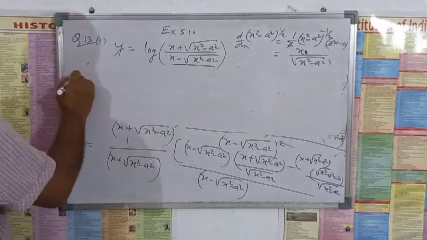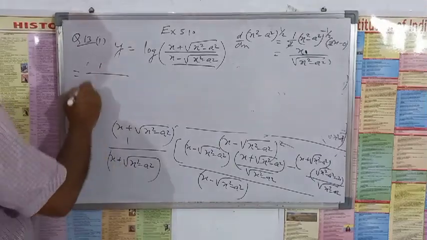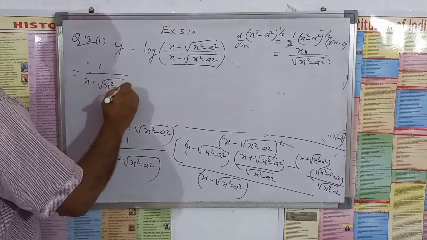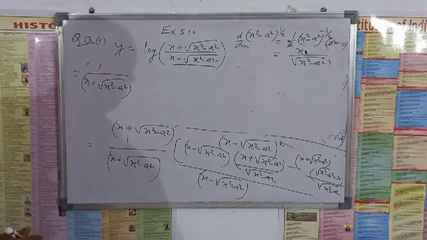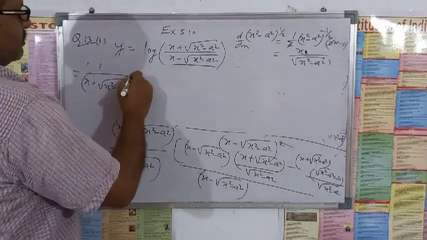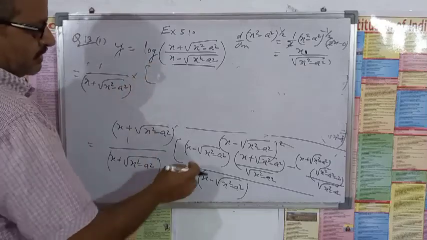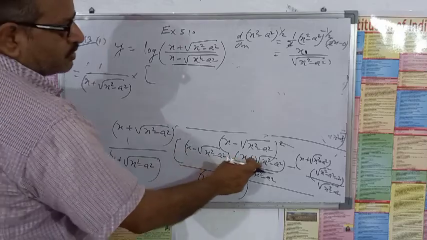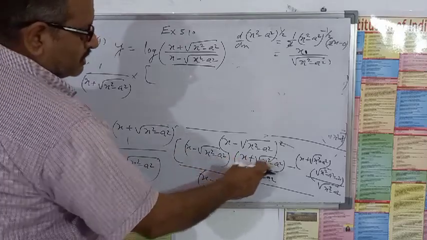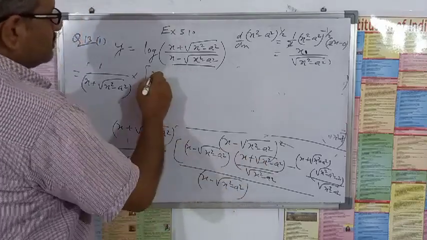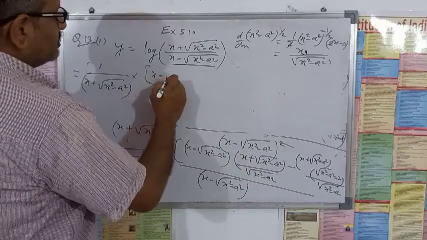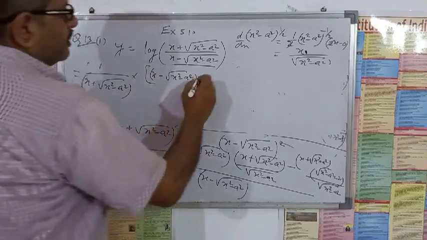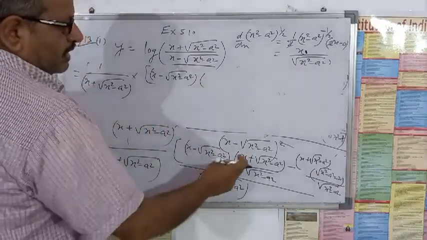So let us simplify 1 upon x plus root x square minus a square into, in bracket, x minus root x square minus a square into x plus.